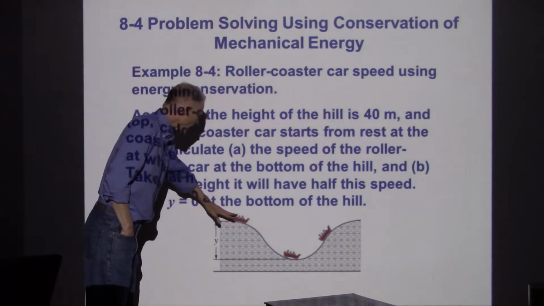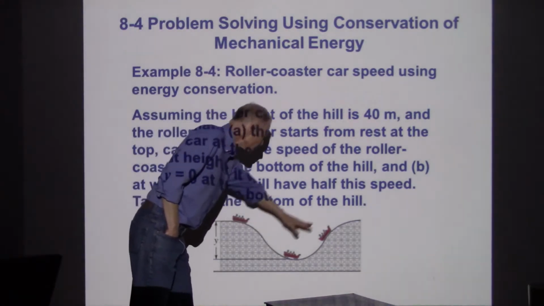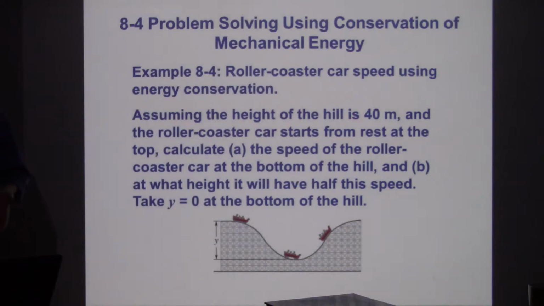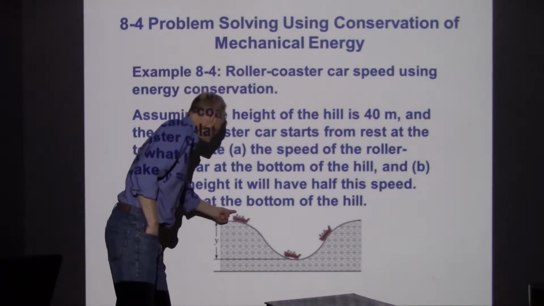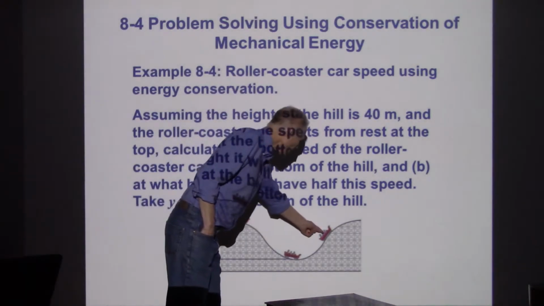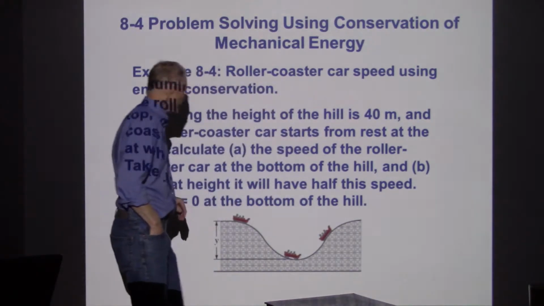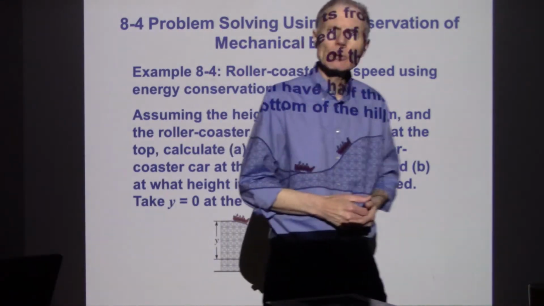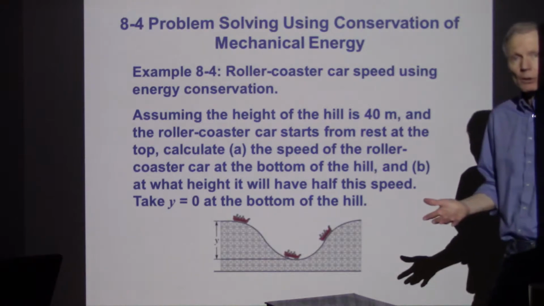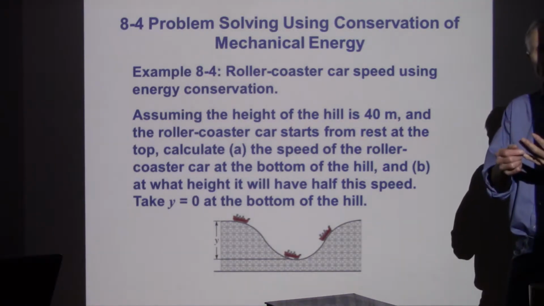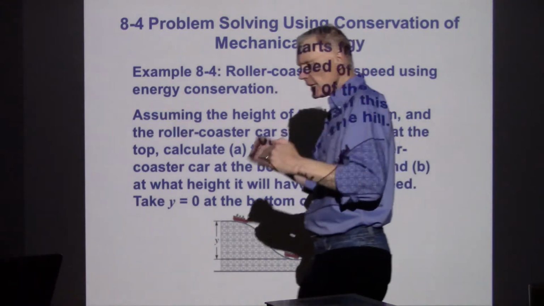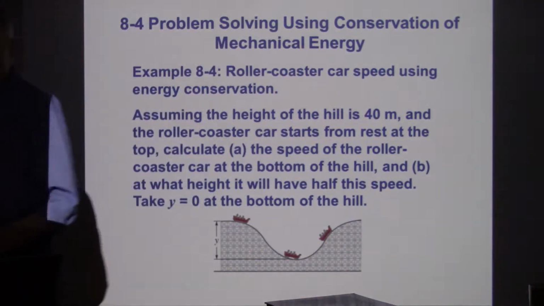We had a roller coaster at different elevations, and with this new idea of using energy conservation, we could pick different locations along the path of the roller coaster and say that if air resistance and friction are negligible, then the mechanical energies, the potential and kinetic energies combined, would be equal through the entire process.